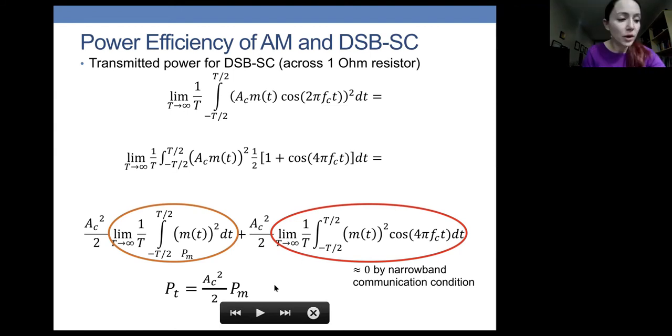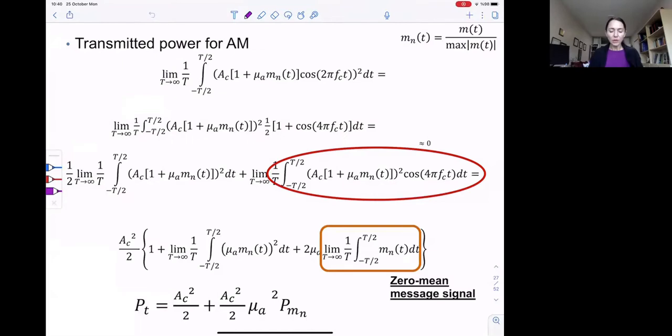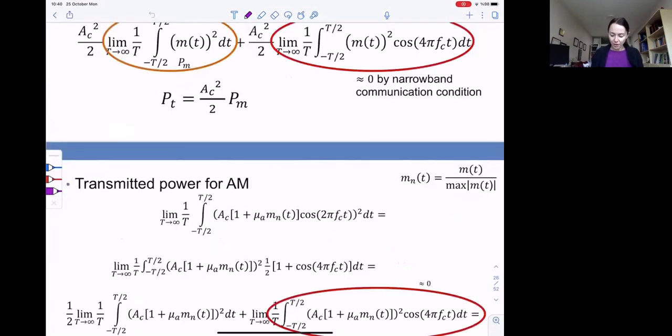You will see that the power efficiency for conventional AM is not very good. So the transmit power we computed already. Let's go back to the previous slide.